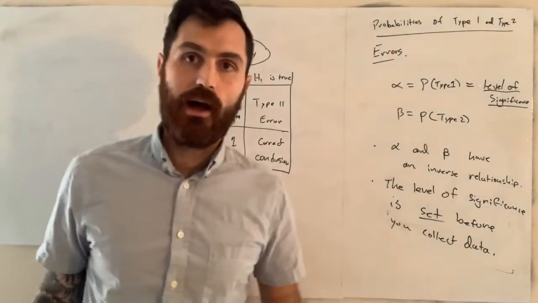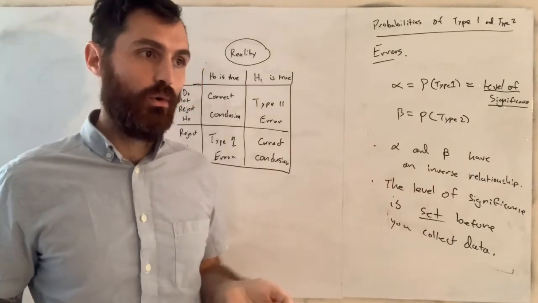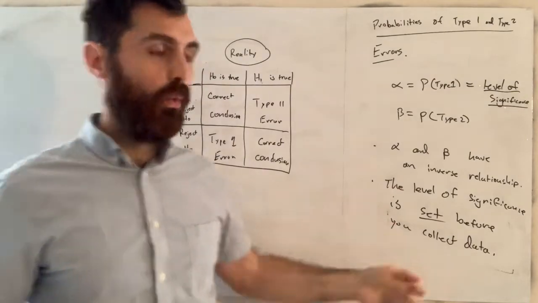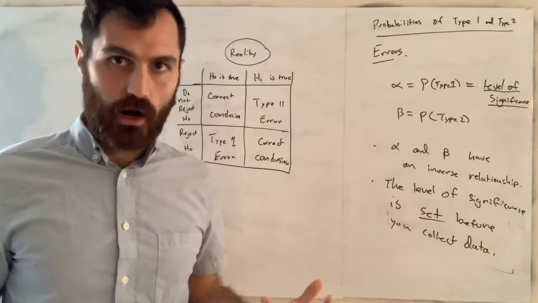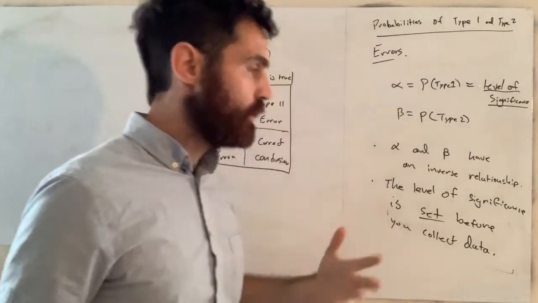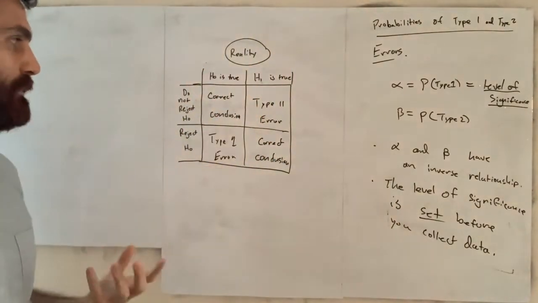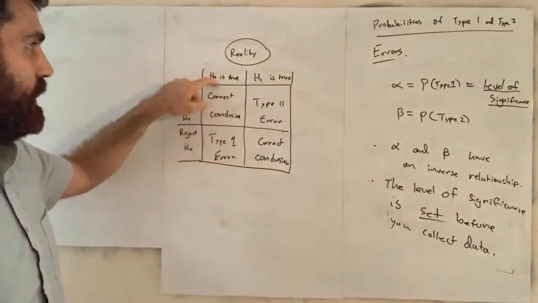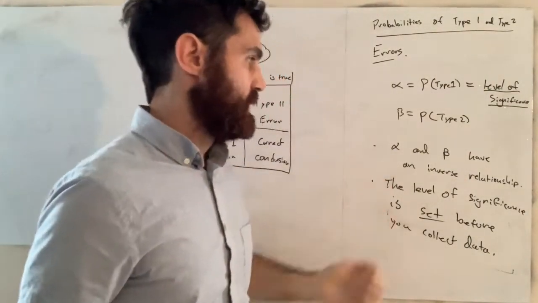So in our courtroom analogy, the stakes are pretty high because you don't want to convict innocent people. So what you do is you try to make it very, very difficult to convict someone of a crime. And so you set that before the trial, and then you go through the trial, and that minimizes your type 1 error. Remember, again, type 1 error is an innocent person being declared guilty. So you minimize that beforehand.